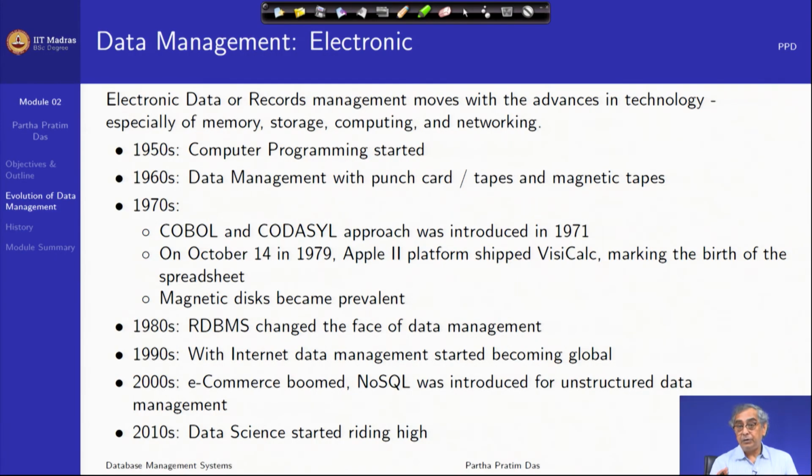In the 2000s e-commerce really started booming. Most of the significant e-commerce activities you see today started around the 2000s, and some died, some flourished.